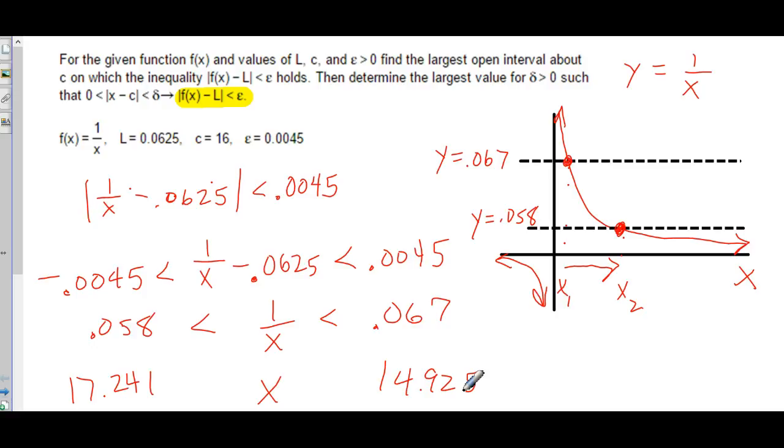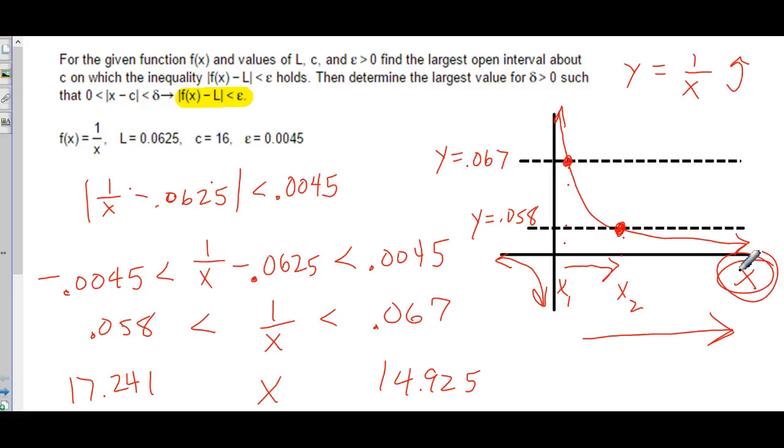Now what has to happen? When I take the reciprocal, you can see this number is now bigger than this number. And that's the way it would have to be, because the graph of 1 over x, as we make our way to the right, always gets smaller. The y values always get smaller. If we reciprocate, we just get x.